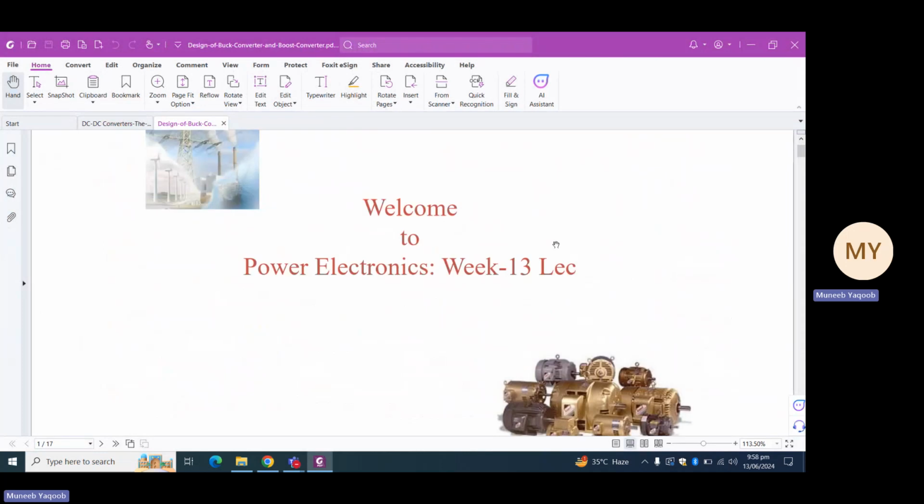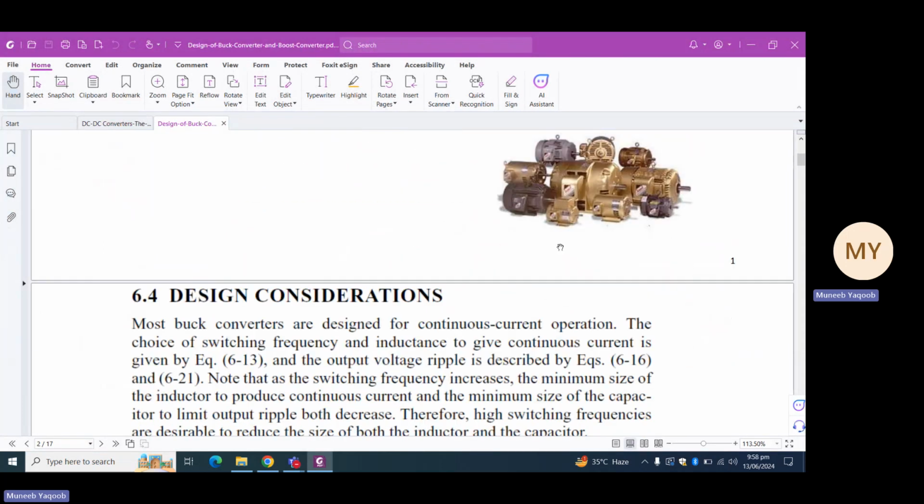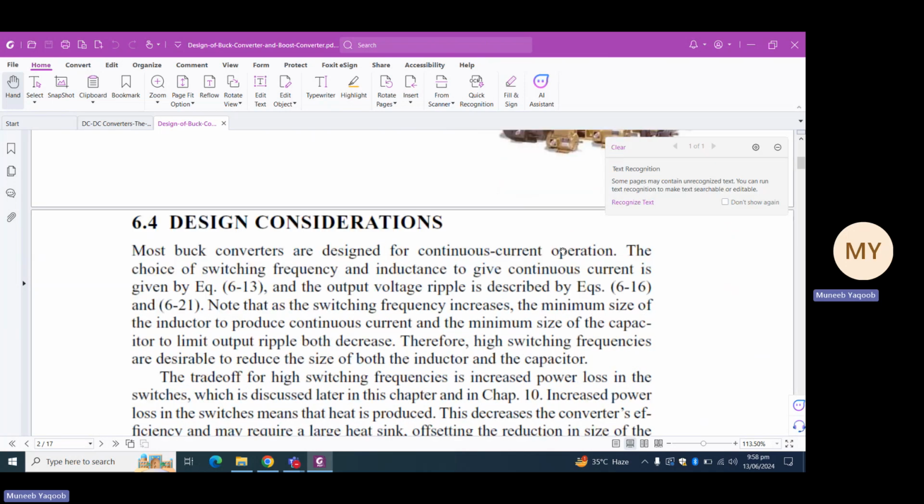Okay, dear students, this is the second lecture of the buck converter, and here we will discuss some of the design considerations. As we already know, in performing the analysis of the buck converter, we made some assumptions.